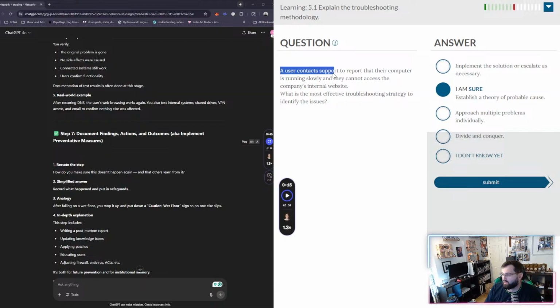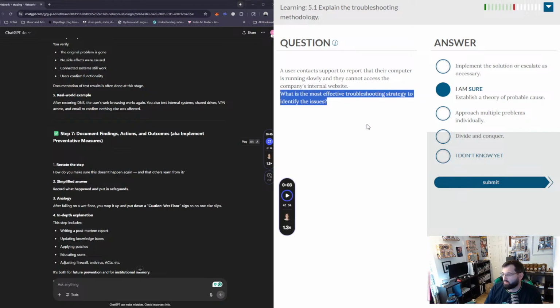So the user contacts support and reports that a computer is running slow and cannot access the company's internal website. What is the most effective troubleshooting strategy to identify this issue? We can't implement a solution because we don't have a theory yet. Approach multiple problems individually, I think that's also a throwaway.